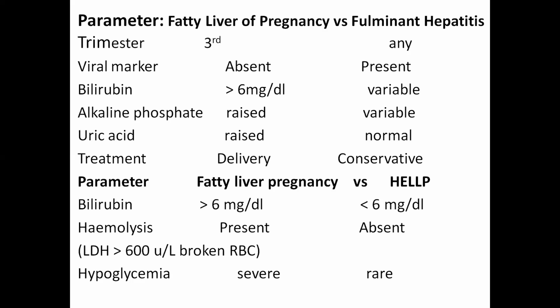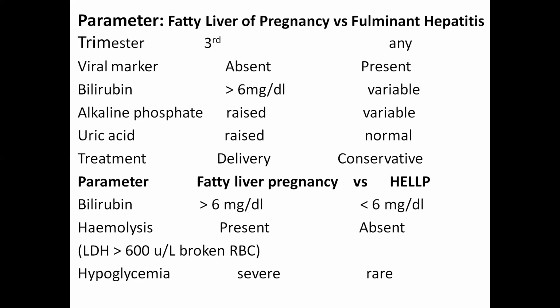Second, uric acid is raised in fatty liver of pregnancy, while it remains normal in fulminant hepatitis. So uric acid is also increased in preeclampsia and it is also increased in fatty liver of pregnancy. Treatment is delivery.